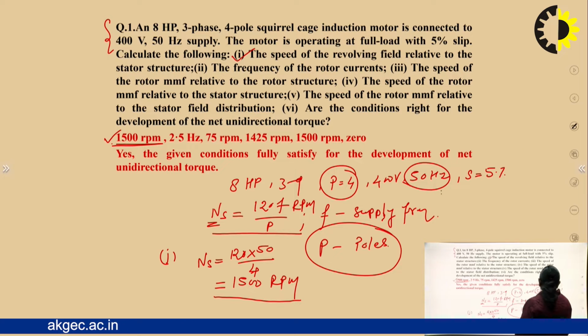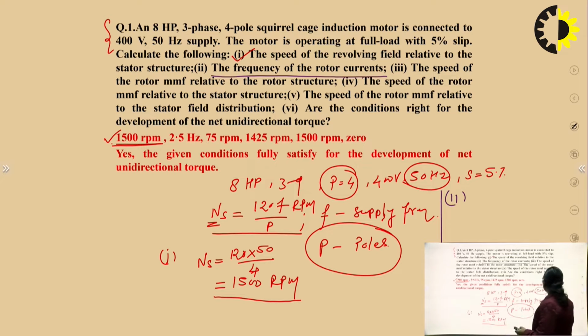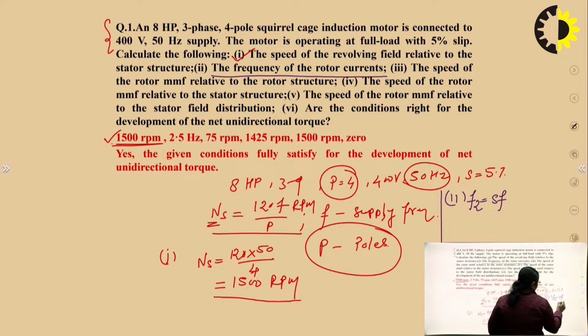The second part of the question says that we have to determine the frequency of the rotor currents. As you may be aware, the frequency of EMF or current in the rotor circuit is given as f2 equals s f, where f is the supply frequency and s is the operating slip of the machine.